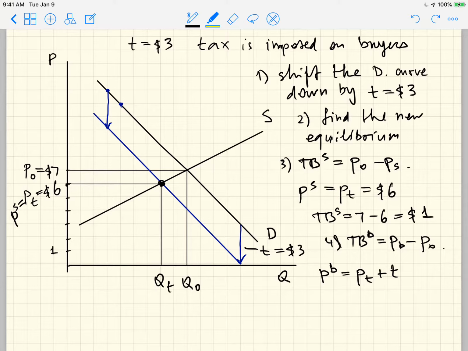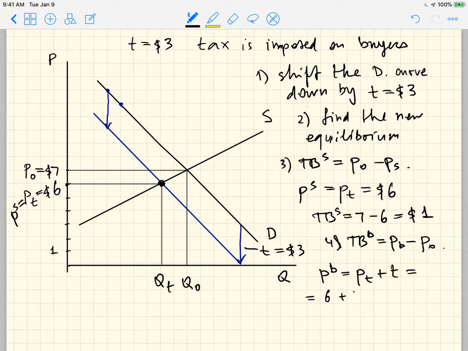Alright, using this formula, or actually following this logic, because as I told you in class, it's not about formulas and remembering them, it's about understanding what's going on and writing down these formulas according to that logic. So PT is $6, right?